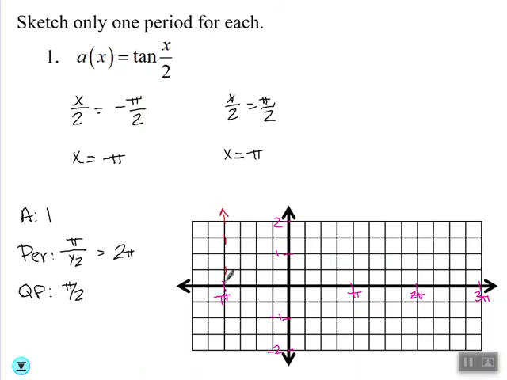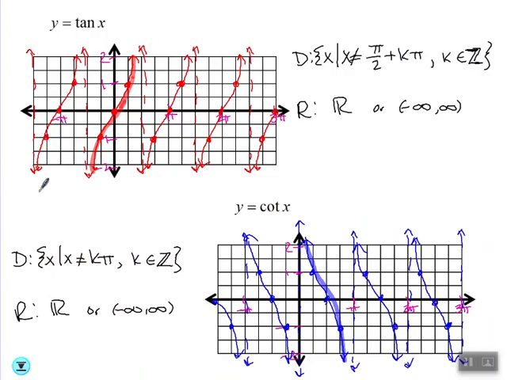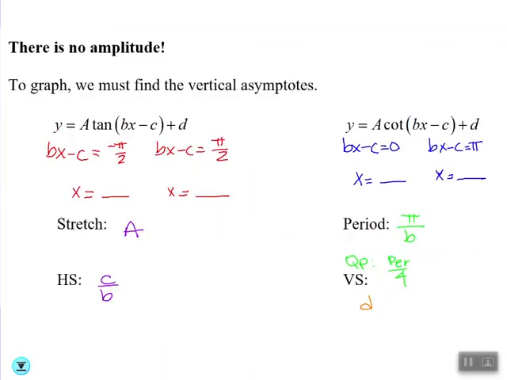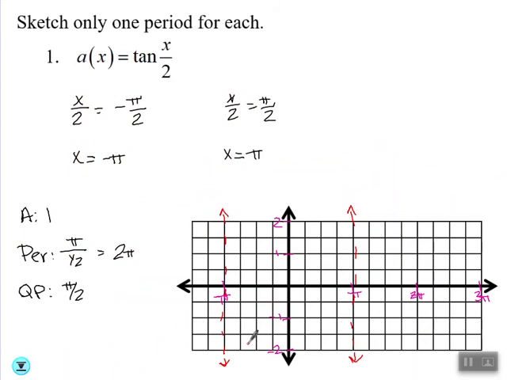We have asymptotes at negative pi and positive pi. Now, if you remember, the graph of a tangent function has what I'm going to describe as a positive slope, whereas the cotangent function has a negative slope. So when we're graphing, we need to make sure that we have a positive sloping curve.